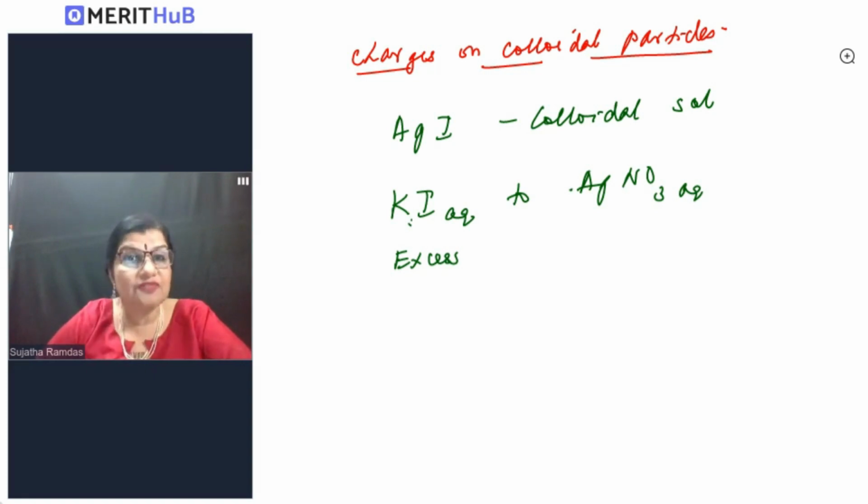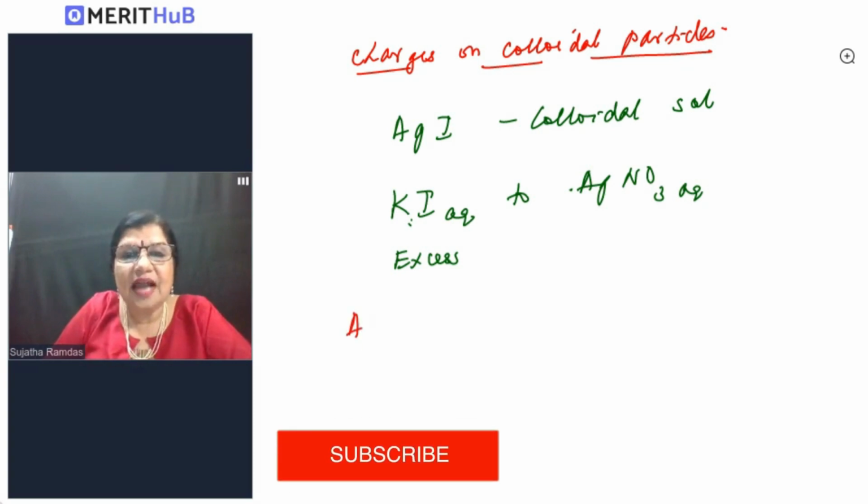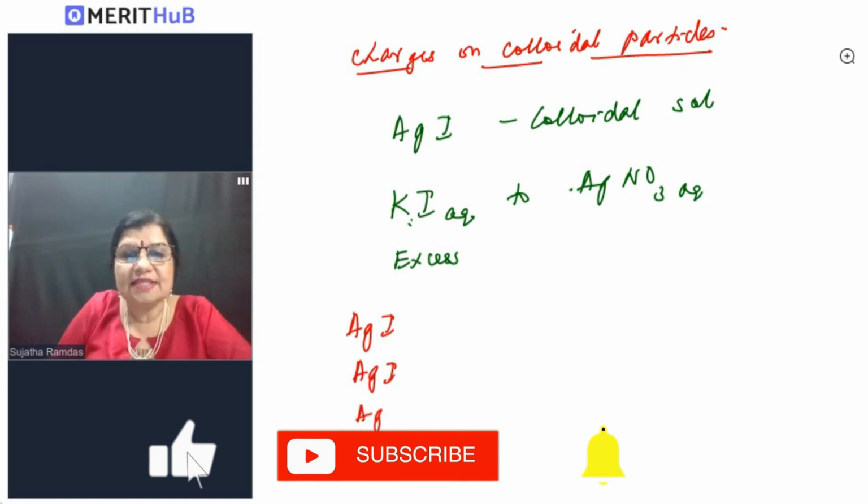So what is formed? Let's discuss the formation of the various layers. Here we have silver iodide colloidal particles formed.